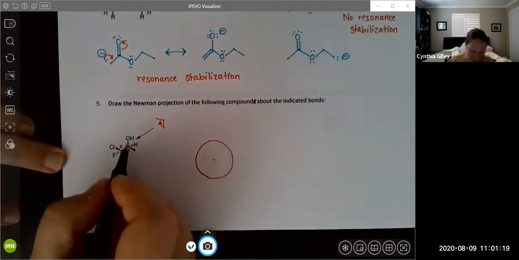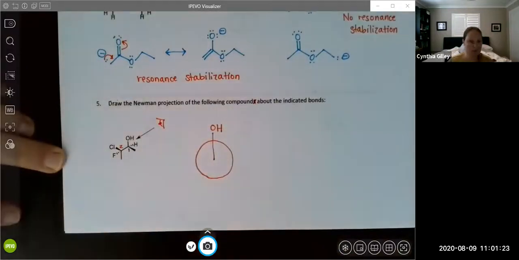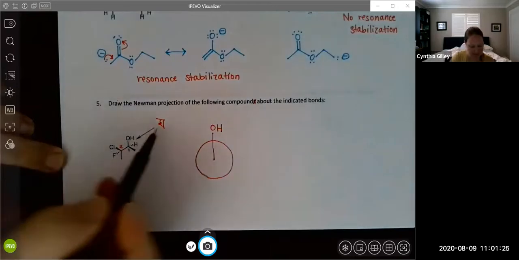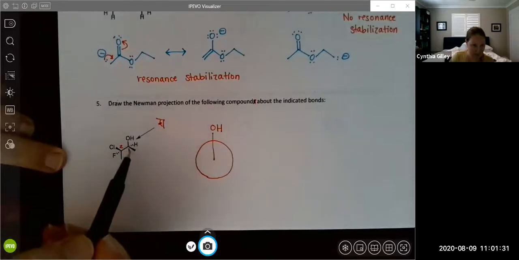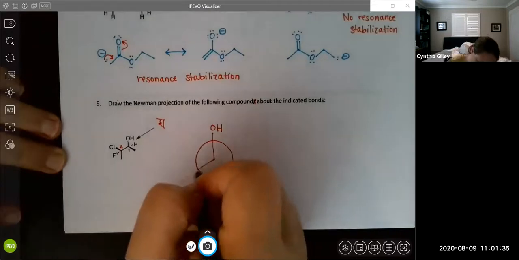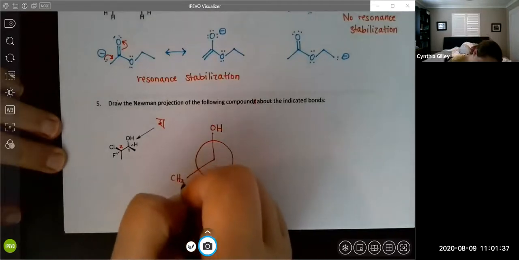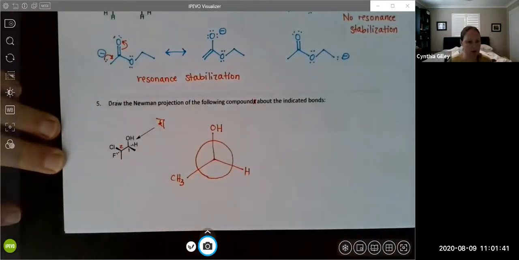So carbon number 1 has an OH group pointed straight up, if you can visualize that from your viewpoint. And then coming out of the plane of the paper is a methyl group. So that would come off to your left from your viewpoint, so we're going to put methyl over here. And then the hydrogen is going back, which would go to your right from your viewpoint.